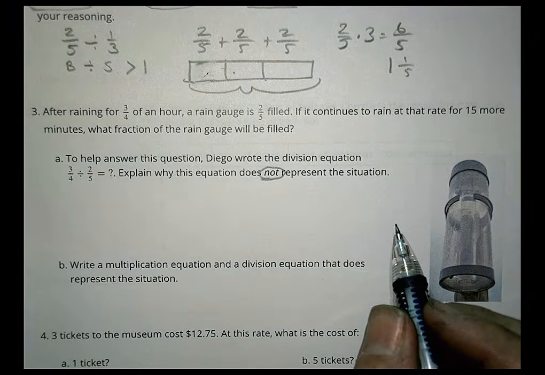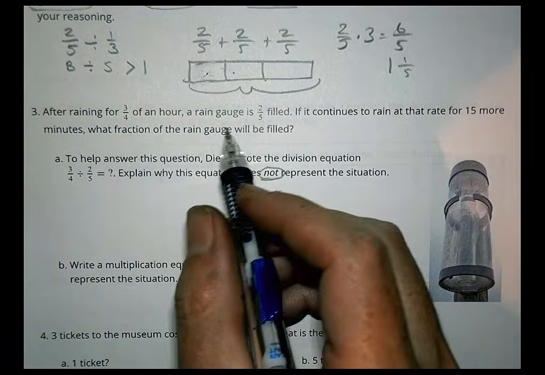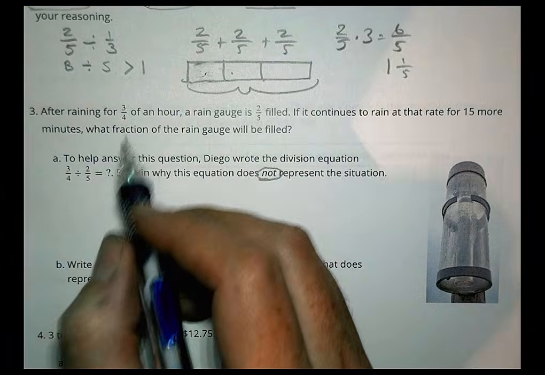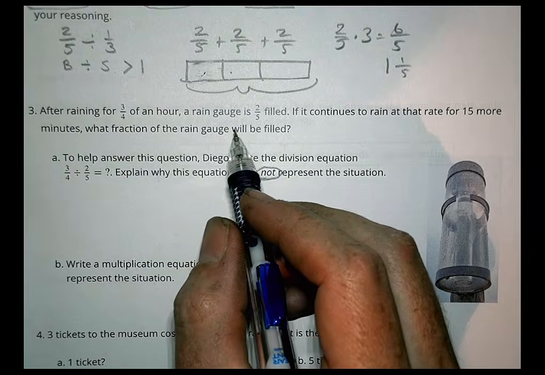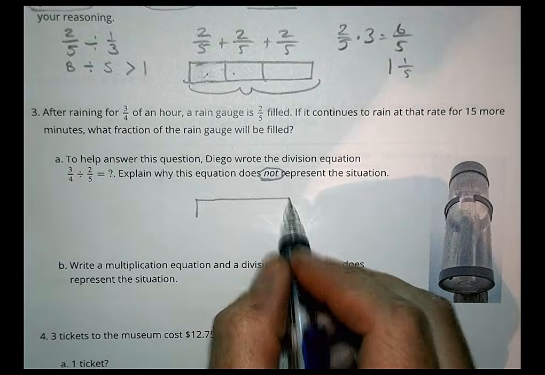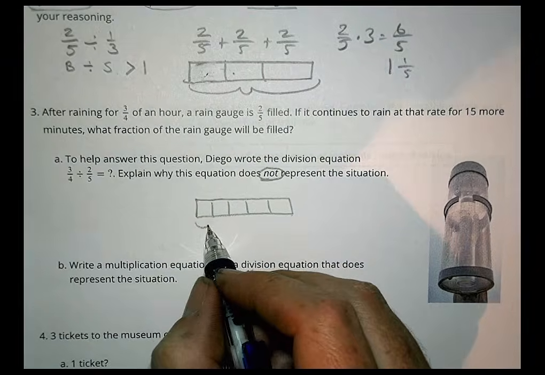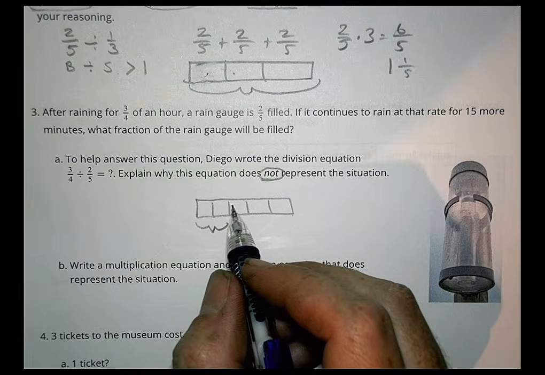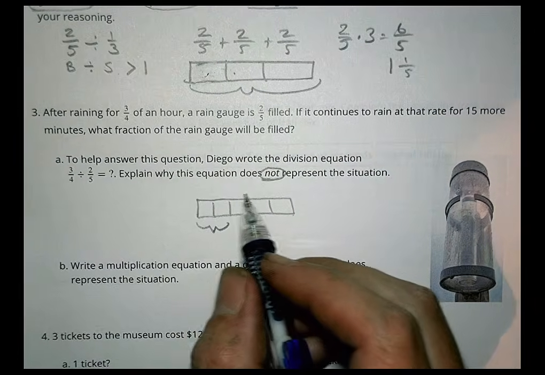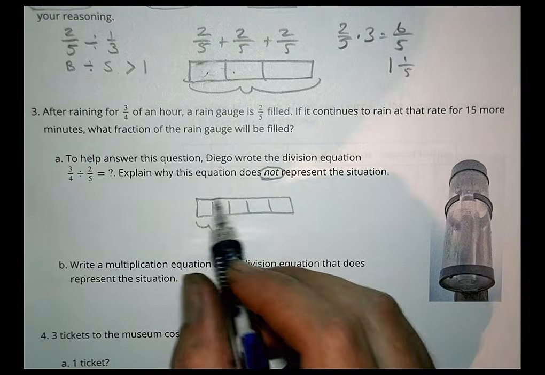Well, why won't that quite work? Well, what he's doing is he's saying how many 2/5. If he's done 3/4 of an hour in there, we have 2/5 like this, and he's saying, okay, I've done 2/5 of it, and after 3/4 of an hour, 2/5 of the gauge is filled.